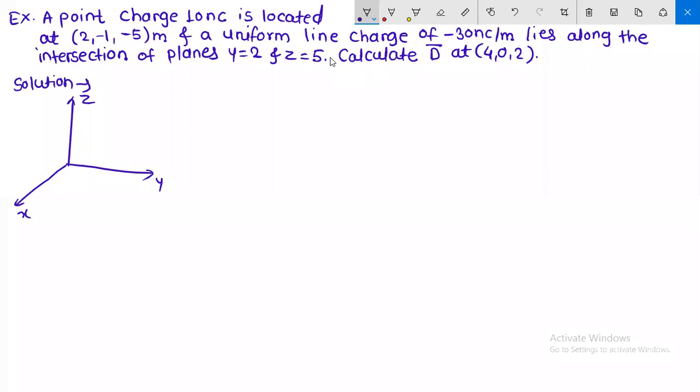Two means +2 on the x-axis, -1 on the y-axis and -5 on the z-axis.